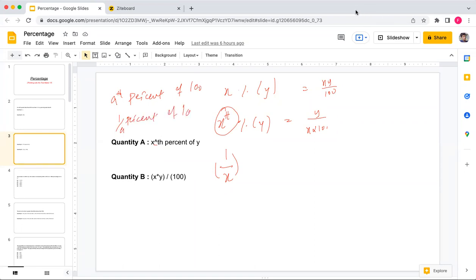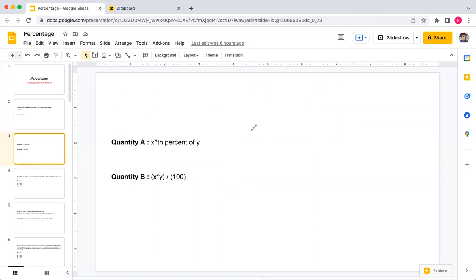So in this scenario, we have 1 by x percent of y, first thing, and second thing is x into y over 100, right? So this will be y over 100x, and this will be xy by 100. This will cancel out, and we have 1 over x and x. So based on this, we cannot tell whether quantity A is greater or quantity B is greater.